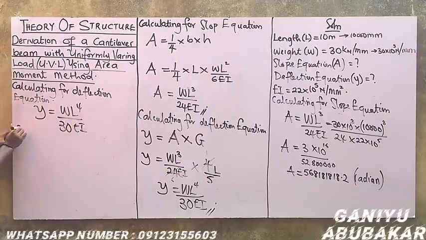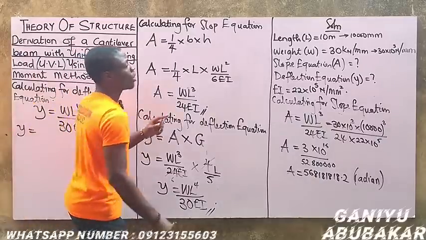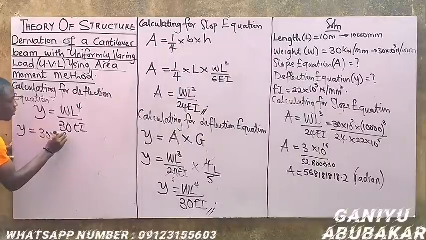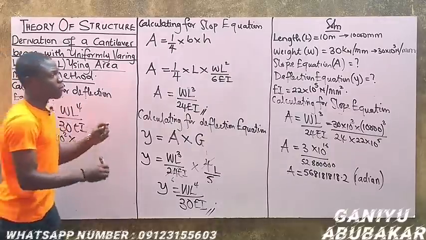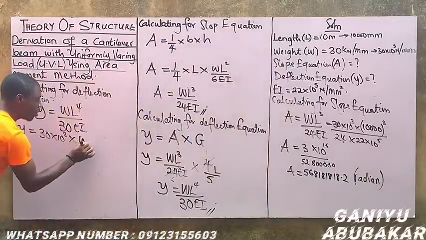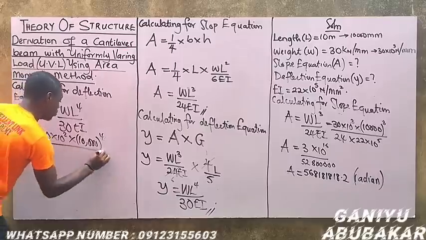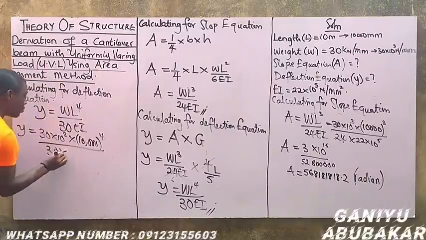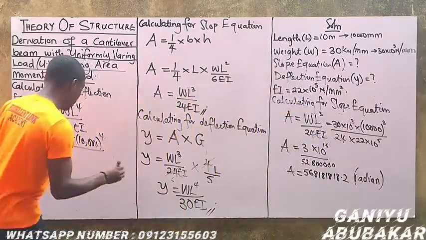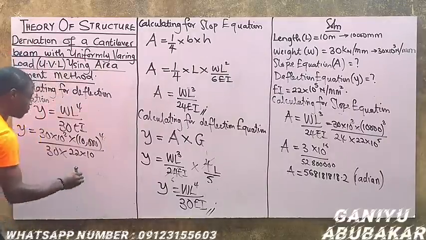Put in value. What's W? That's 30 times 10 to power 3, multiplied by length. What's my length there? That's 10,000. So I have 10,000, all to power 4, all over 30 multiplied by EI. Of course, what's EI? That's this one here, 22 times 10 to power 5.